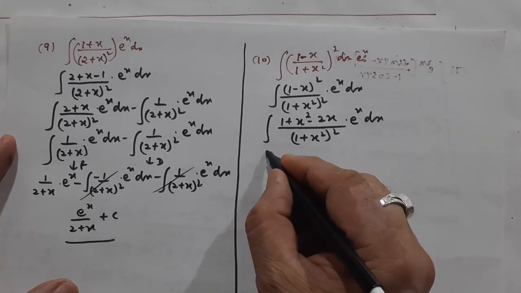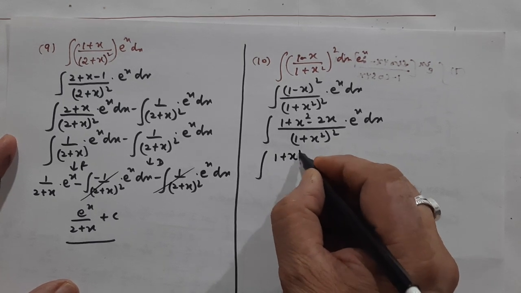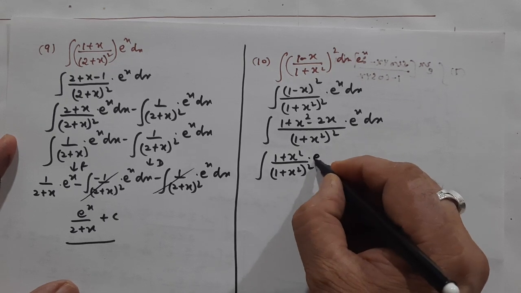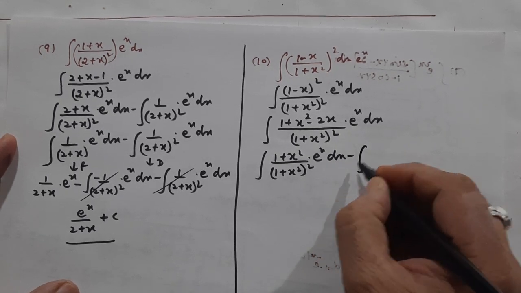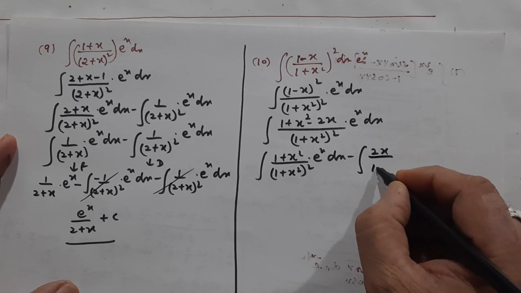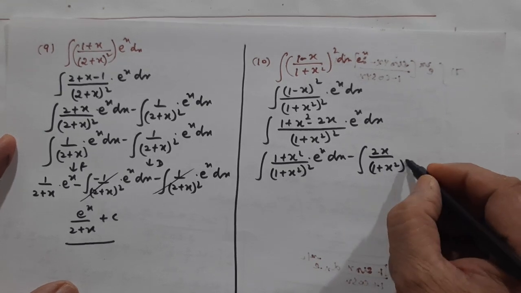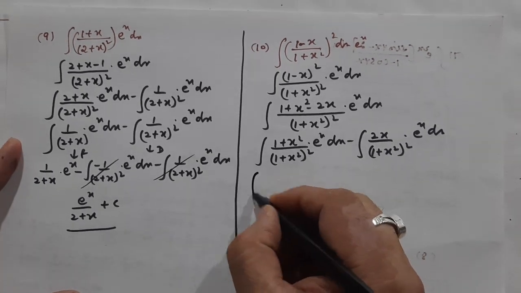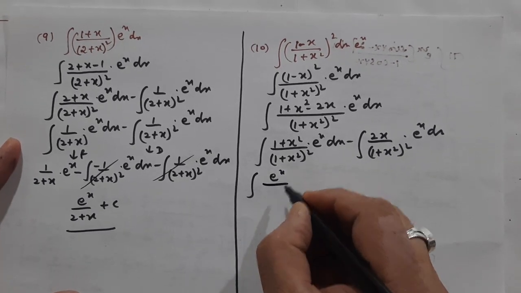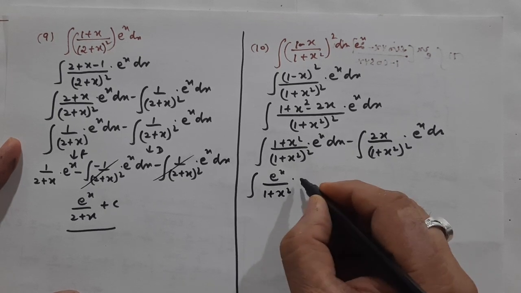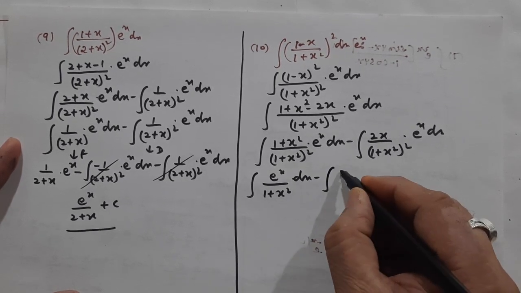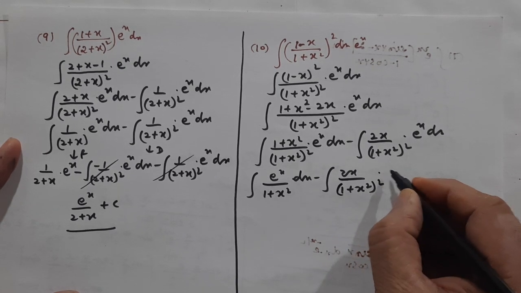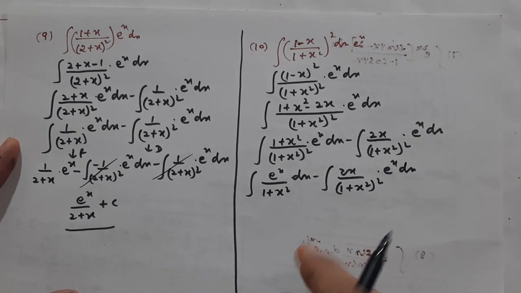Now separating the terms, we get 1 plus x square upon 1 plus x square whole square e power x dx, minus 2x upon 1 plus x square whole square e power x dx. On solving it we get e power x upon 1 plus x square dx minus 2x upon 1 plus x square whole square e power x dx, like this.